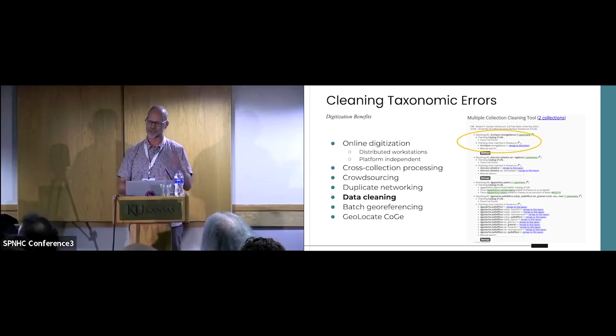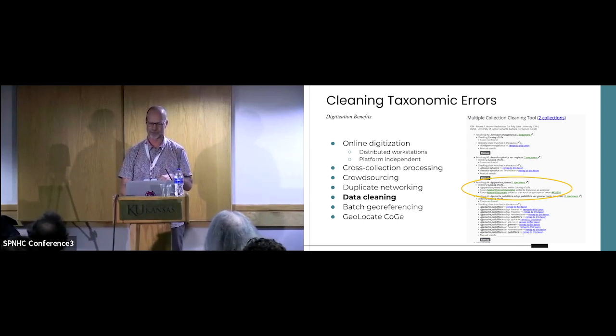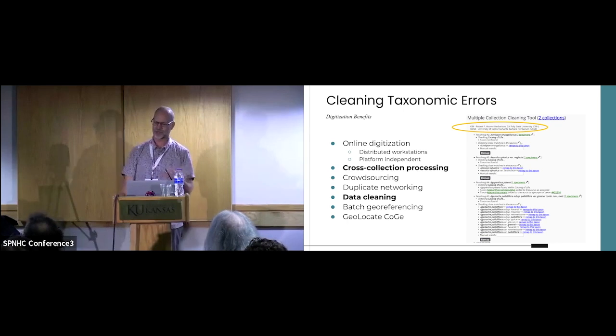So as it's running through the names, perhaps the name's not in the central thesaurus. It actually uses the API that's associated with Catalog of Life, and it'll send the name there. If it's validated, it'll update the thesaurus and link those specimens to the correct name. And I want to emphasize that you could do this across multiple collections.